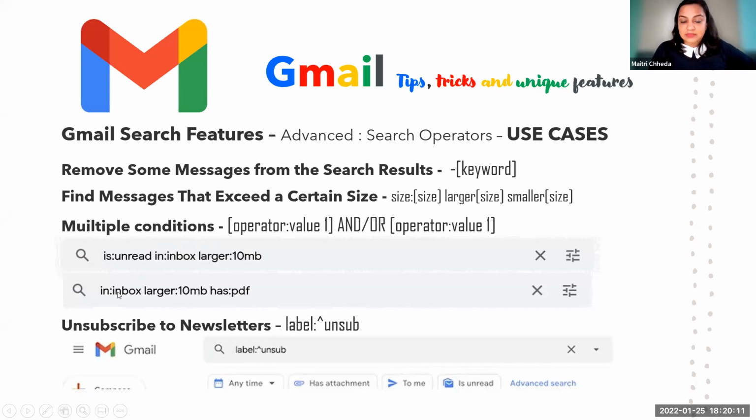So: in inbox and larger than 10 MB and has PDF. I will get specifically all the emails which are in the inbox, larger than 10 MB, and have a PDF. Sometimes it helps to reduce the size. If I say is in inbox, larger than 10 MB and before a particular date, I'm saying that all the emails from 2017 and earlier, especially larger than 10 MB, I don't want to keep.